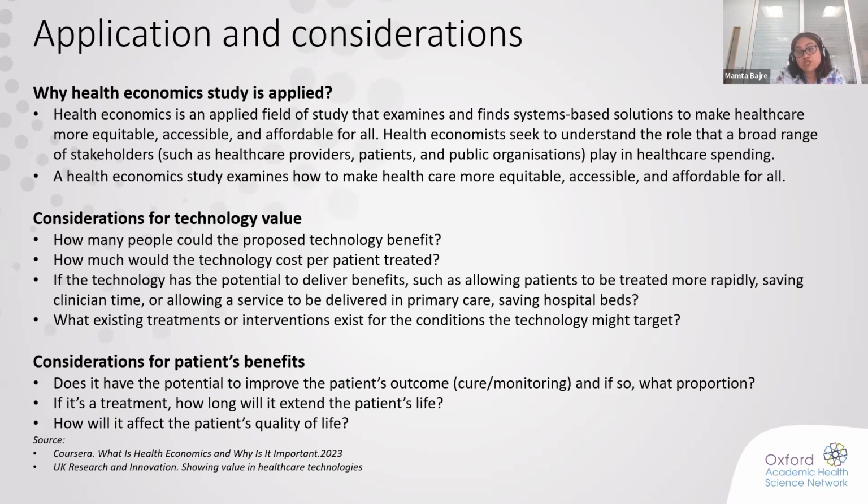Who's the population? How much of the population is going to benefit from it? If it is treatment, how long will it extend the patient's life? Will it actually help the patient have a better quality of life? Will it actually add to the patient's life? And how will it affect the patient's quality of life? For example, will it help them live a better life in any kind of way?